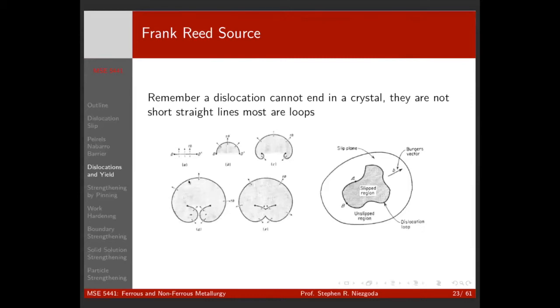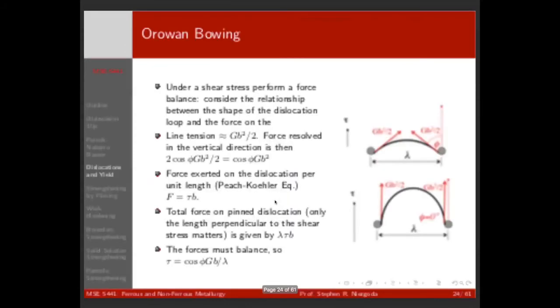If we think about the line sense on this, these two segments here have opposite sign. So they're going to annihilate in the middle, creating a big loop with a new pinned dislocation segment in the middle. And if the force keeps going, this is going to activate over and over again, and this Frank-Read source is just going to pump out dislocation loop after dislocation loop, expanding the sheared region.